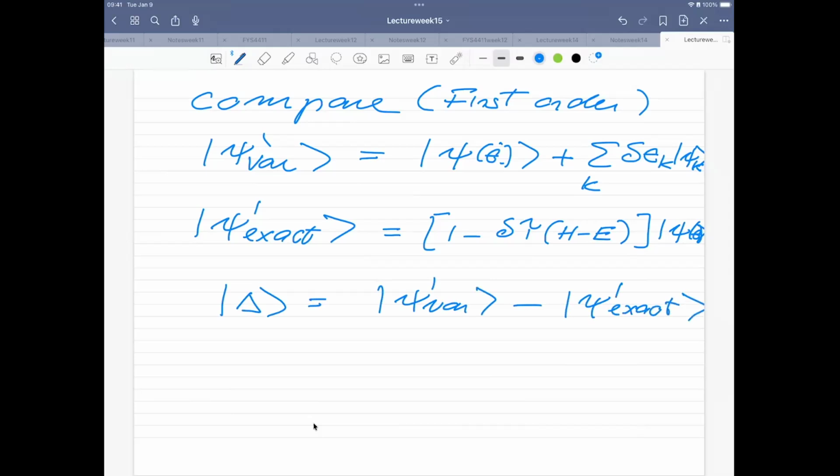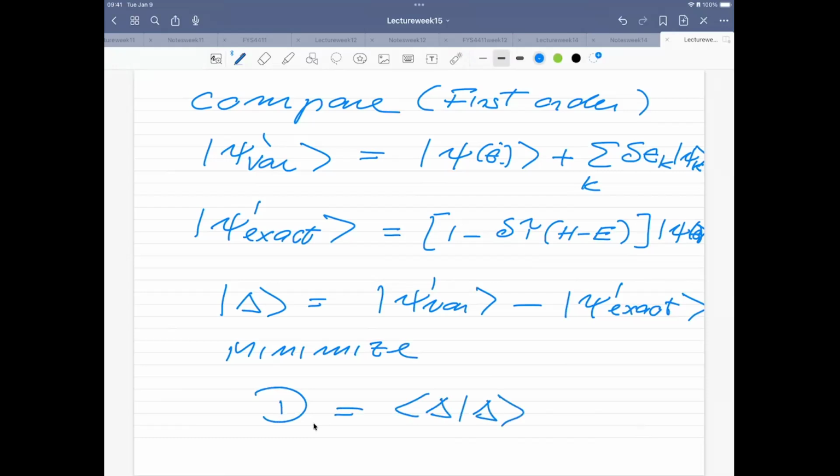And what I want to minimize now is this difference. So I want to minimize a quantity I'm going to label as D, which is this quantity here.